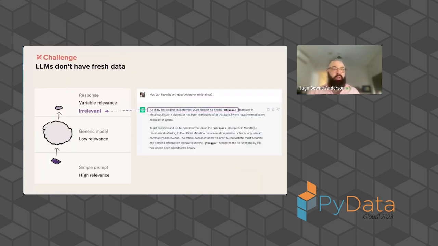Another challenge is that models don't have access to fresh data. Depending on when ChatGPT is updated recently for you, it may be most recently trained on 2021, 2022, or more recent data. But a huge problem is that these models aren't necessarily always updated.